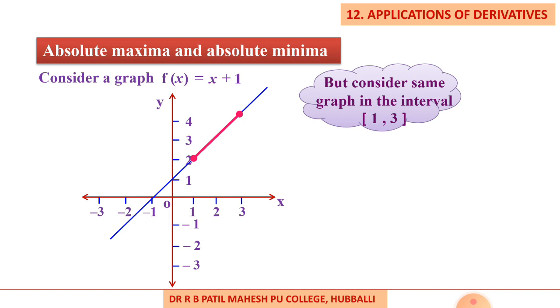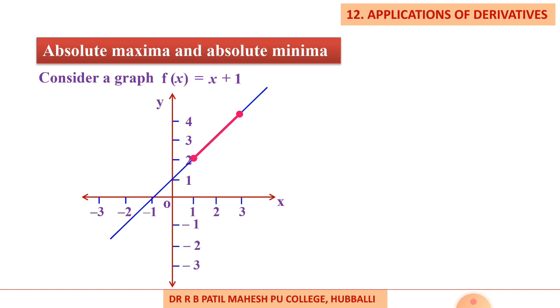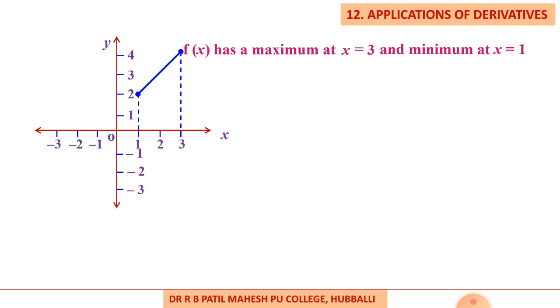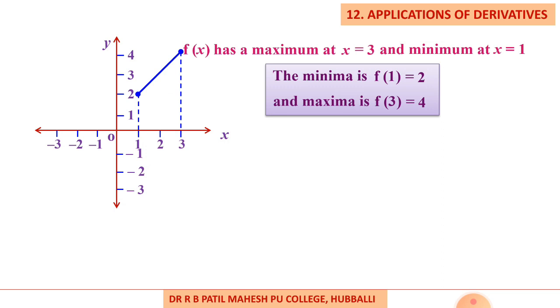But if you consider the same graph in the closed interval 1 to 3, then f of x has maximum at x equal to 3 and minimum at x equal to 1, and the minimum value is f of 1 equal to 2 and the maximum value is f of 3 equal to 4.